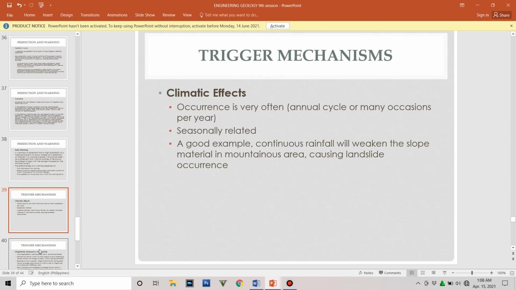So a good example, continuous rainfall will weaken the slope material in mountainous area, causing landslide occurrence. So this is very true in our region wherein yung mga heavy precipitation will cause landslides.